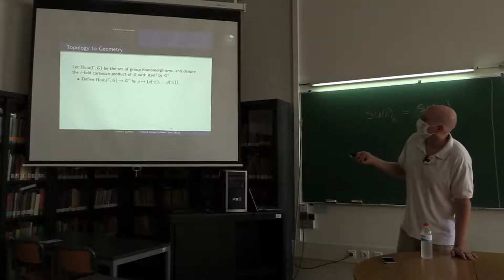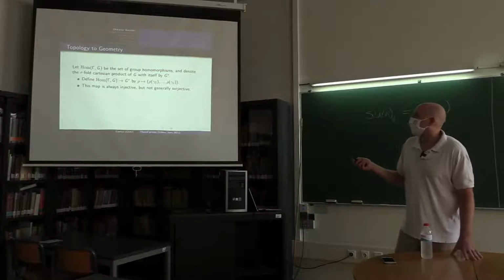There's a natural map called the evaluation map, which just sends a homomorphism to the tuple of evaluates of its generating set. This map is always injective, not generally surjective.